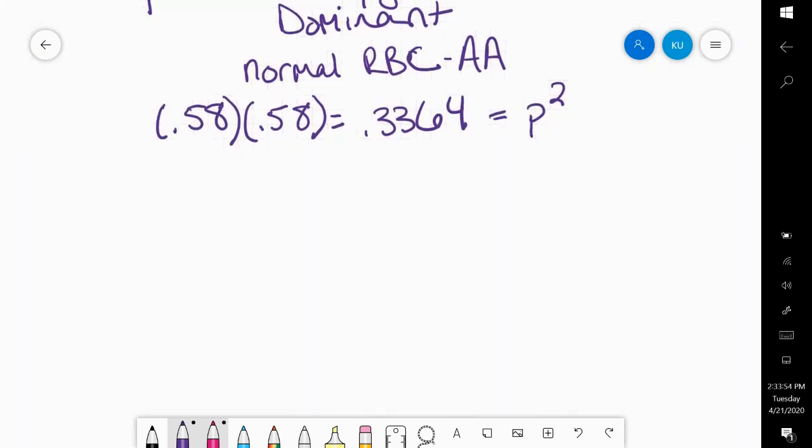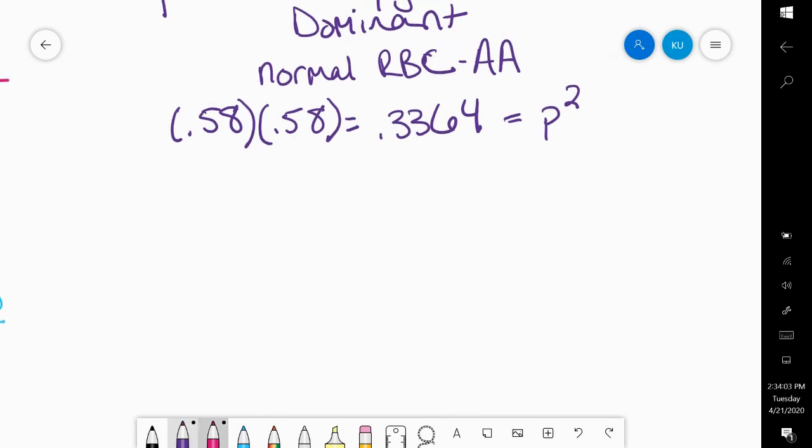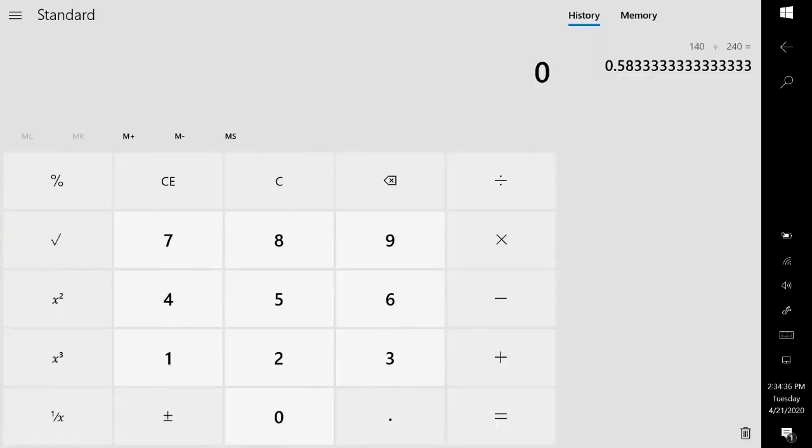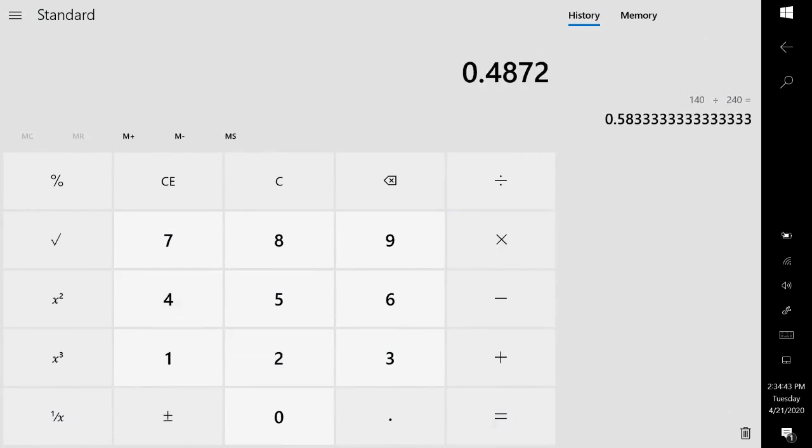Now, to figure out how many of them have sickle cell trait or heterozygous, you would say that equation is 2 times P times Q, which in our instance would be 2 times 0.58 times 0.42. 2 times 0.58 times 0.42 equals 0.4872.